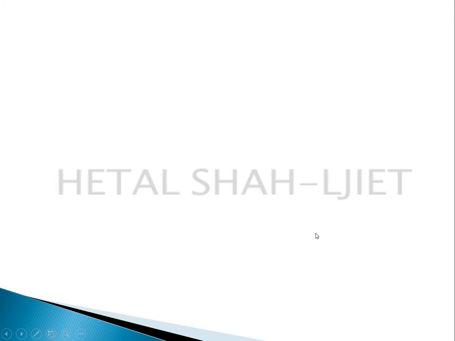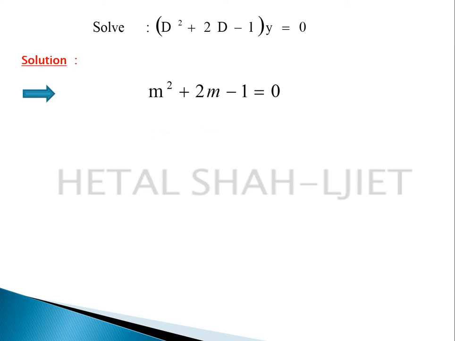Okay, now the second example, (D square plus 2D minus 1) y equal to 0. So our auxiliary equation is the multiple of y, and we put m instead of capital D, that is m square plus 2m minus 1 equal to 0.